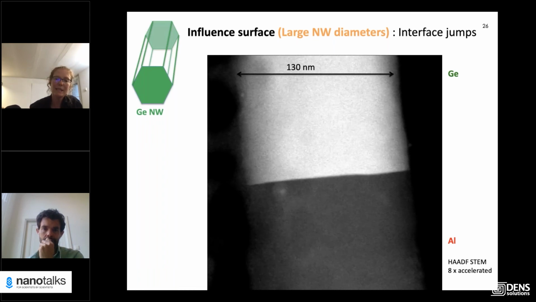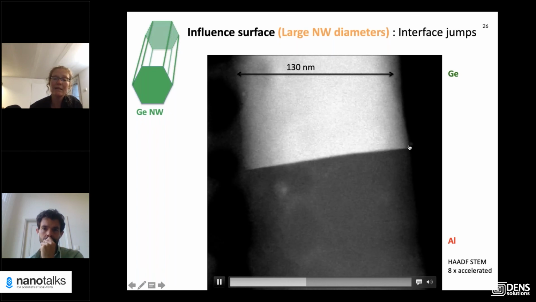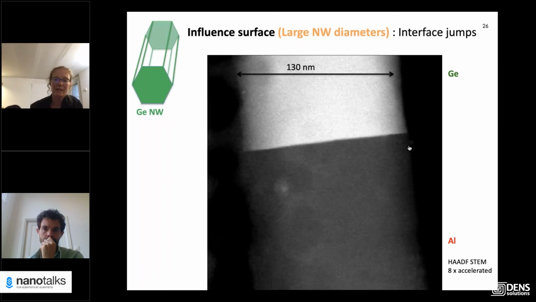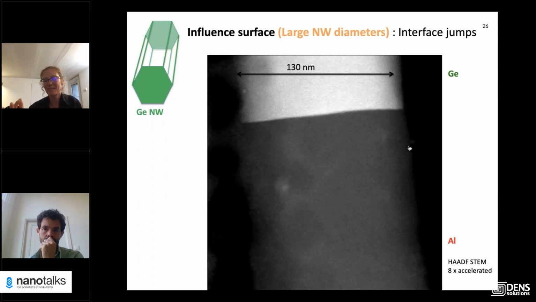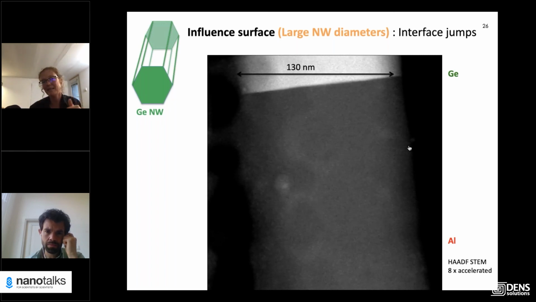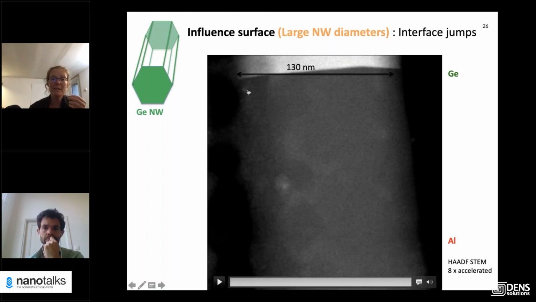Sometimes we have seen that the propagation is difficult to start, and then we heat it more, and then you can get even bigger jumps. But I guess that this is related to some defect at the metal nanowire interface, additional defects. But these jumps can be pretty big, at least 10 nanometers.